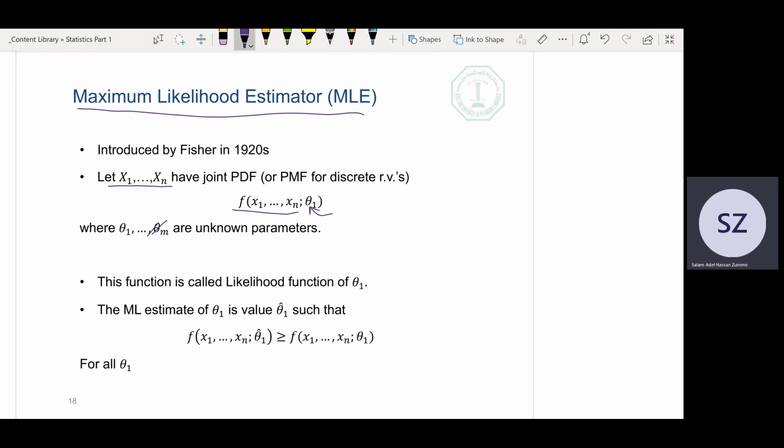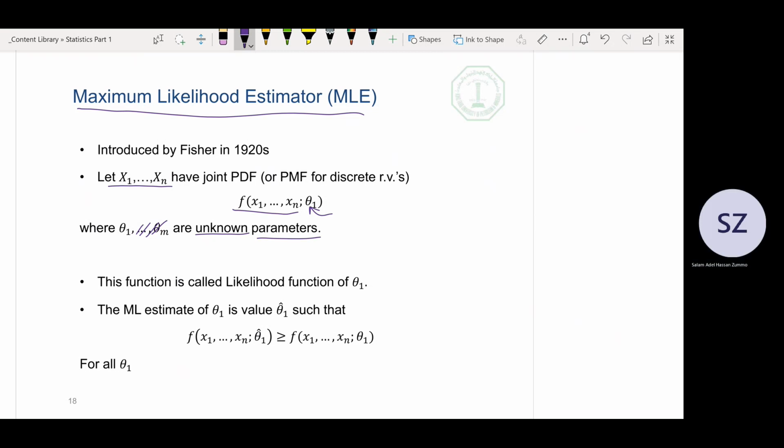I simplified it to one parameter, theta 1, which is an unknown parameter. It could be the average of the samples, the maximum of a uniform distribution, the average of an exponential distribution, whatever. This parameter is something that we would like to estimate using these samples.